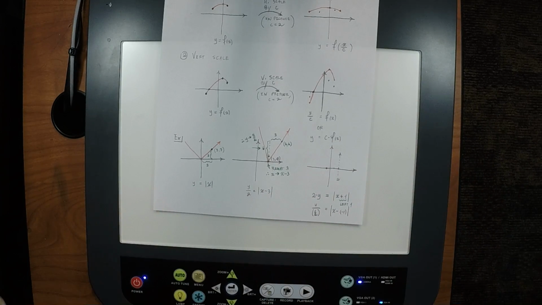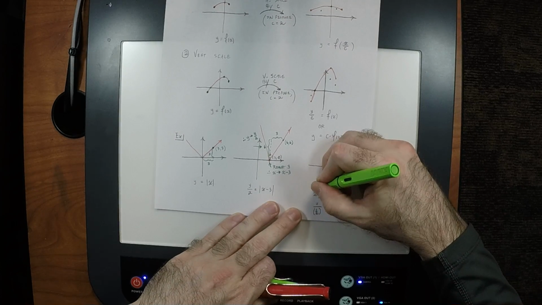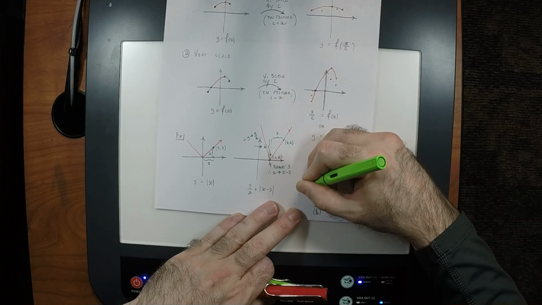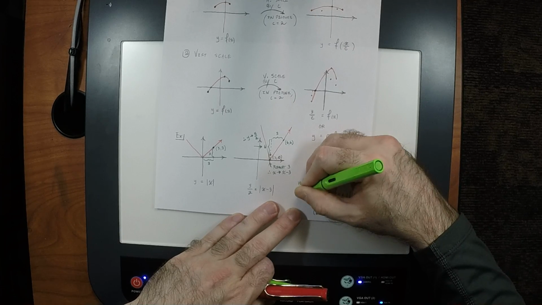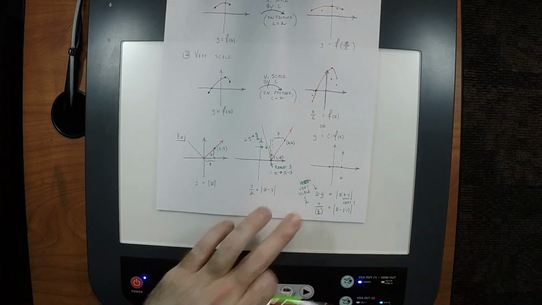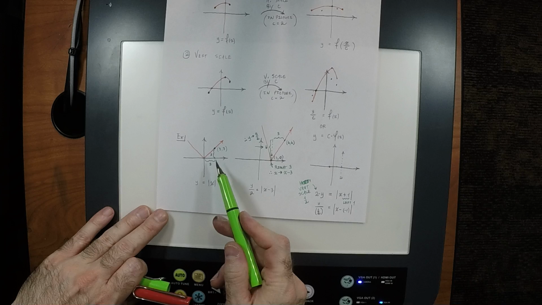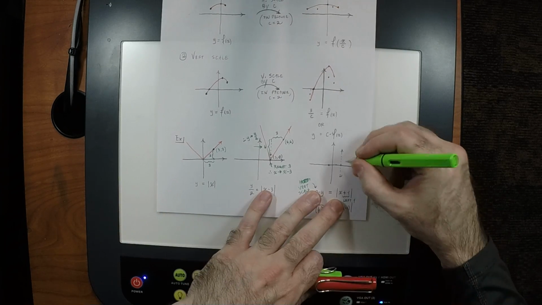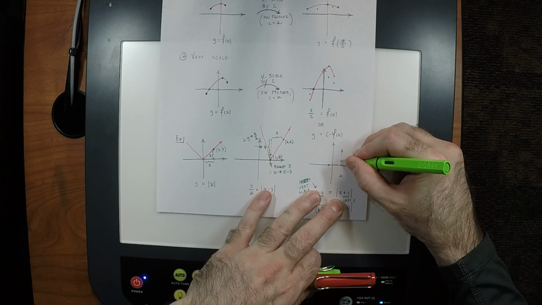But because that represents a vertical scale of half, that means that this point is at height 3. What's going to be its new height? 1.5. So it's going to be about this tall.